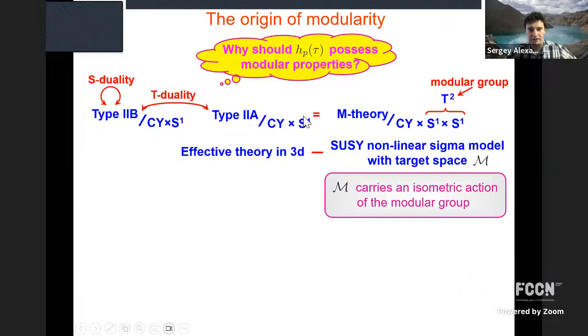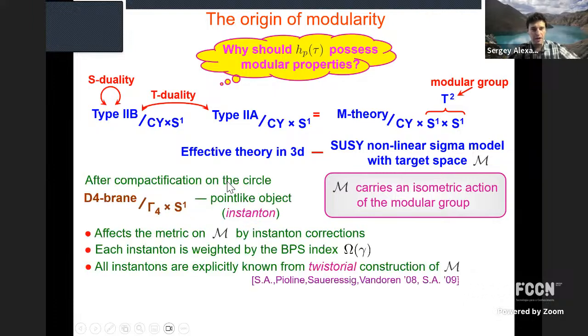So you do T-duality along this circle S1. So you find yourself in type 2B, and in type 2B there is S-duality. And then this target space M appears as a hypermultiplet moduli space and should carry the same isometric action of S-duality.